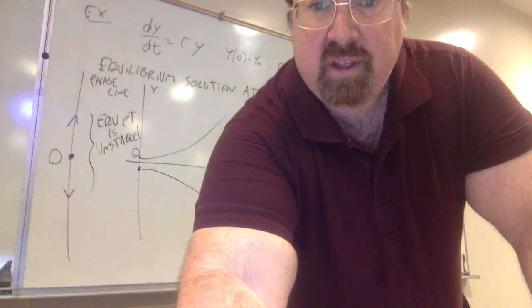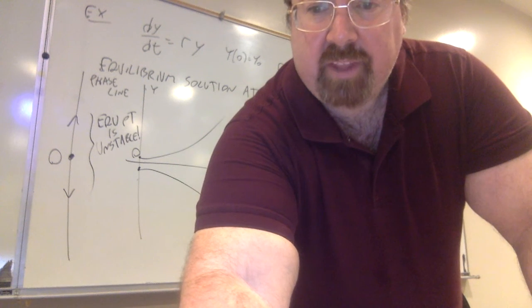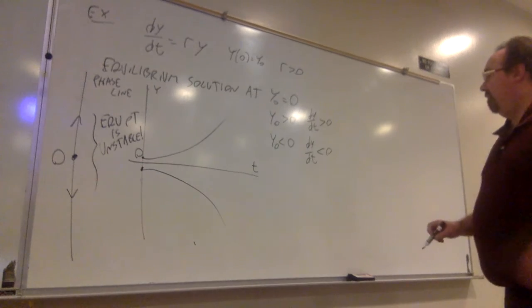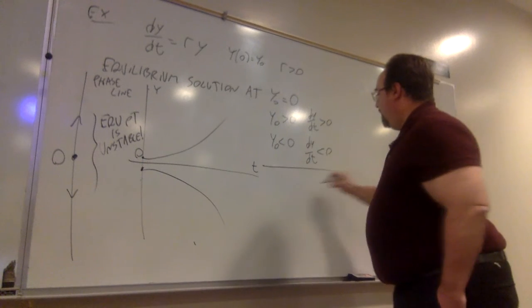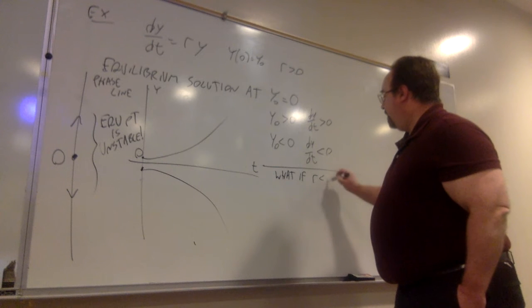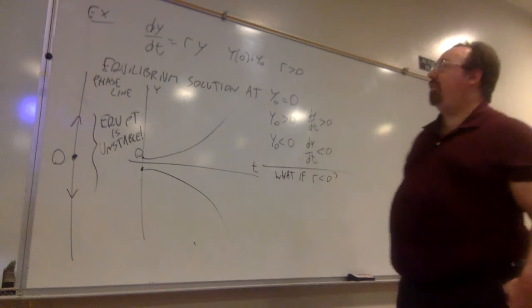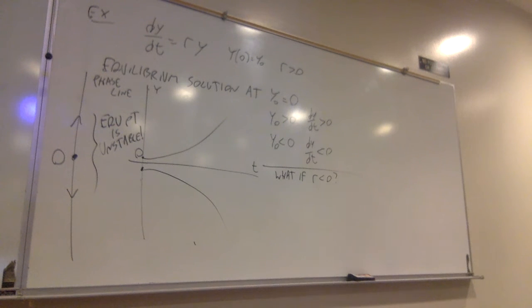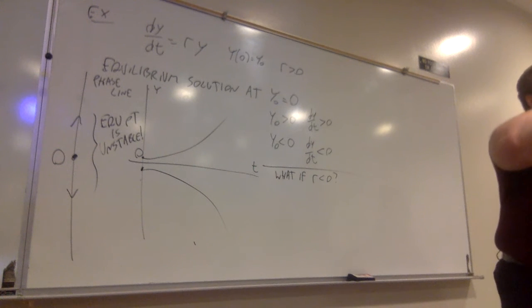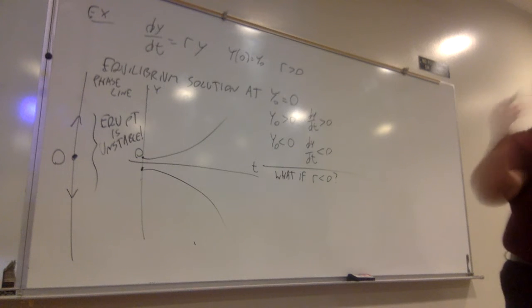Now, to tweak this example a little bit, what if the constant r is negative? What would happen to my phase line in that case? Switch. Yeah, it's going to be the opposite case.